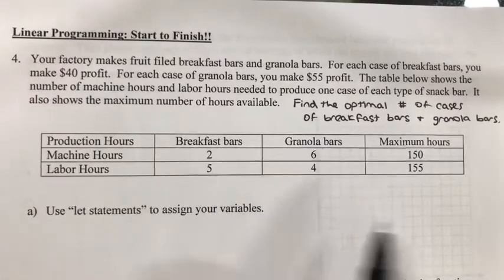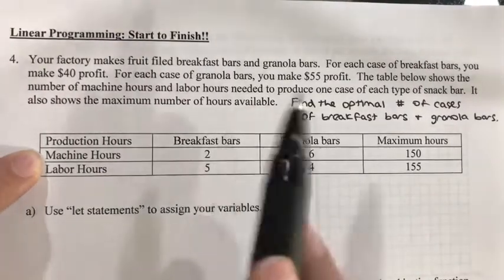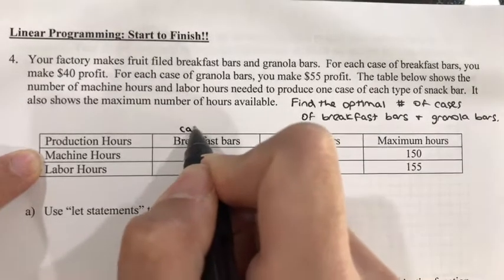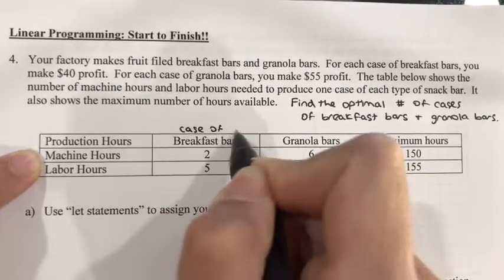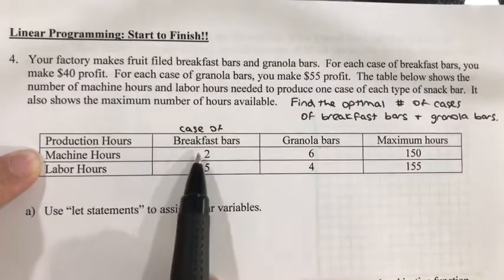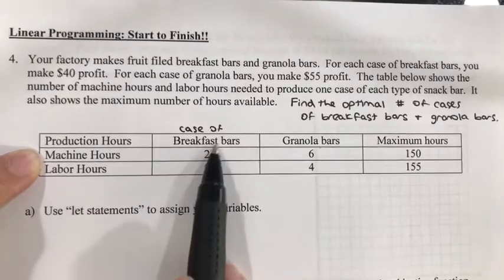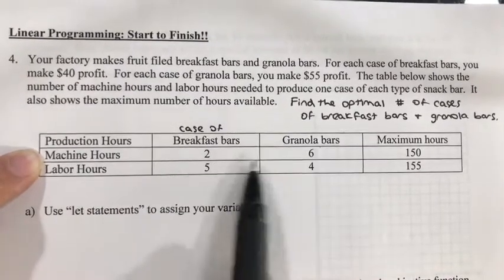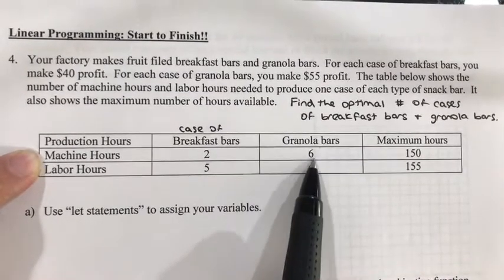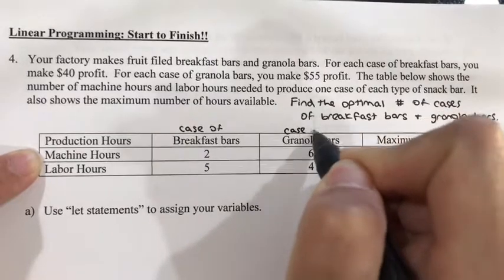So when we look at this table, we're told the number of machine hours for a case of breakfast bars, okay, and that was noted up here. So it takes 2 hours on the machines to make the breakfast bars, and granola bars take 6 hours on the actual machinery required. We'll write case.